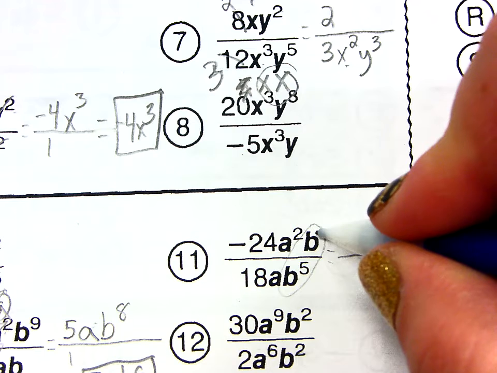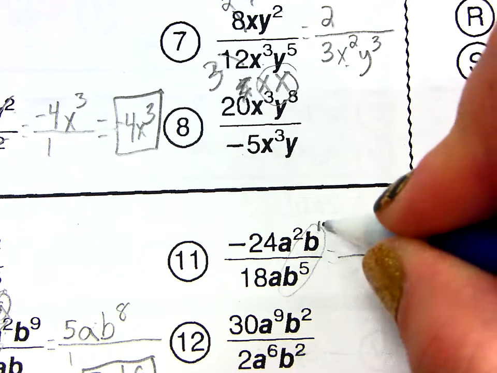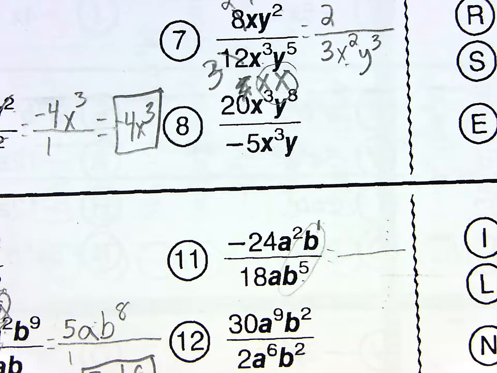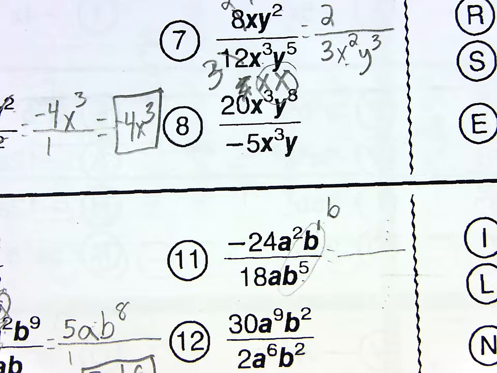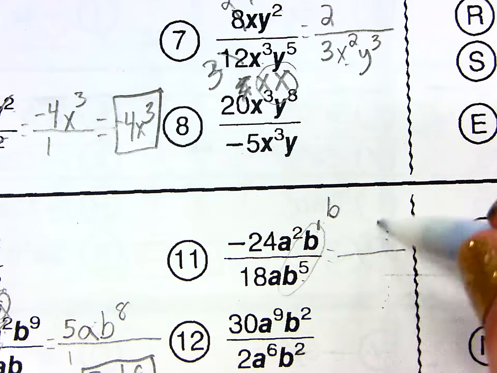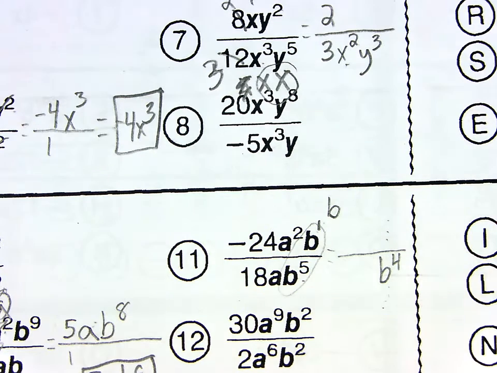Well, what's your exponent on this b? 1. So you have 1 b on top and 5 b's on the bottom. So if you cancel them out, you have 1 on the top. So you would have b to the... where is it? Yes. Okay, good. Correct. Might as well finish this one.